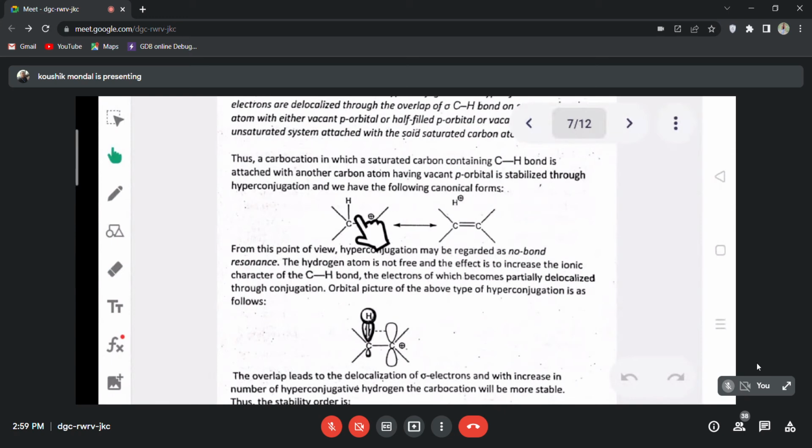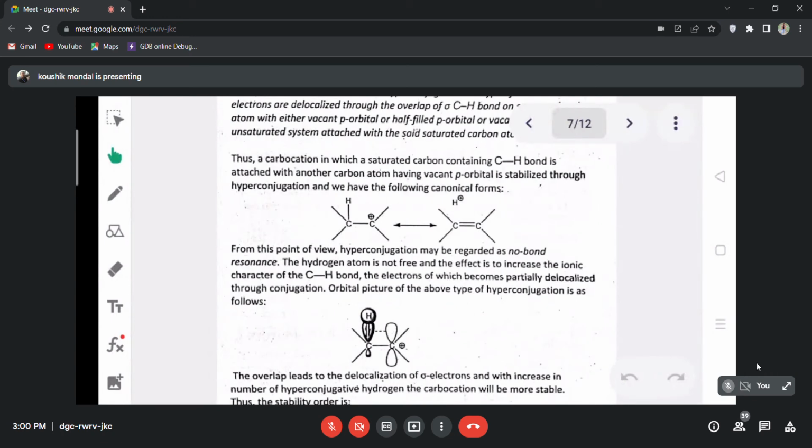Means this sigma electron has been donated to its vacant p orbital in this way. In hyperconjugation, this CH bond electron has been delocalized to the p orbital of the carbocation to form this type of canonical structure.